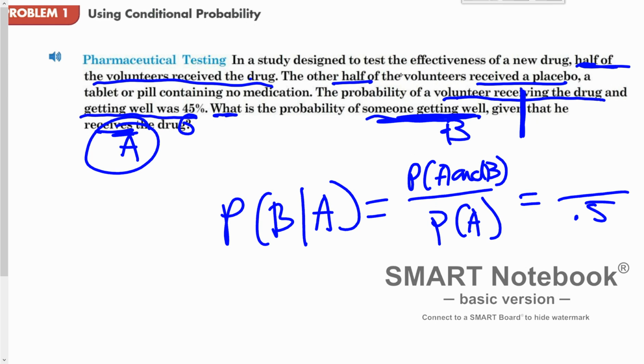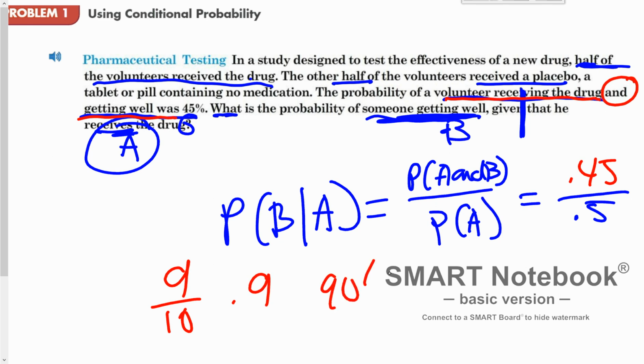Well, that's right here. Receiving the drug and getting well is 45%, or 0.45. So 0.45 divided by 0.5 is 9/10, or 0.9, or 90%. Okay, so there you go.